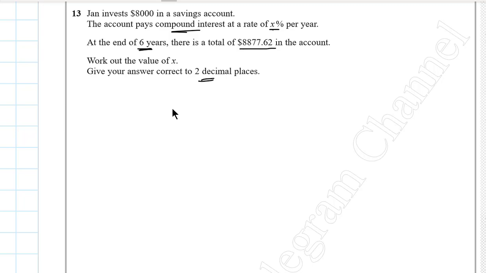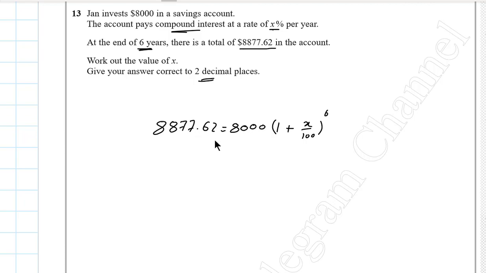Of course we know the rule, which is the total amount, 8,877.62, equals the principal, which is 8,000, and then in brackets 1 plus x over 100, all to the power of the time, which is 6.